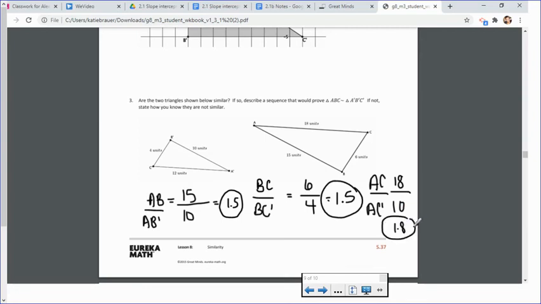So the question they wanted to know is, are these two triangles similar? Well, looking at the first two times we did it, it looked like they would be, but then this third one came up as 1.8. So these are not similar. The only way they would be similar is if we would have gotten 1.5, 1.5, and 1.5. But since we got two different numbers for our ratios, these are not similar.